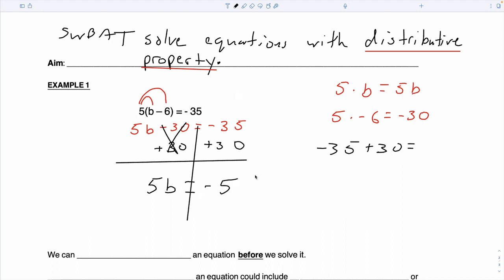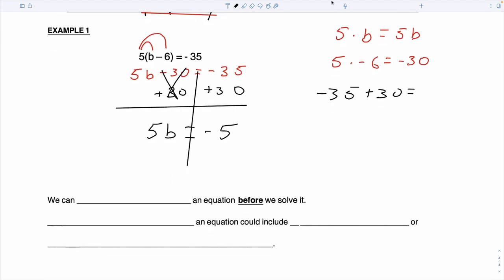We're not done. There's one more step. Daniel, lead me to get b by itself. What would I do to both sides? 5 is next to a b, which means 5 times b. What's the opposite of multiplying, Daniel? It's dividing. So what do I do to both sides? Divide by what number?